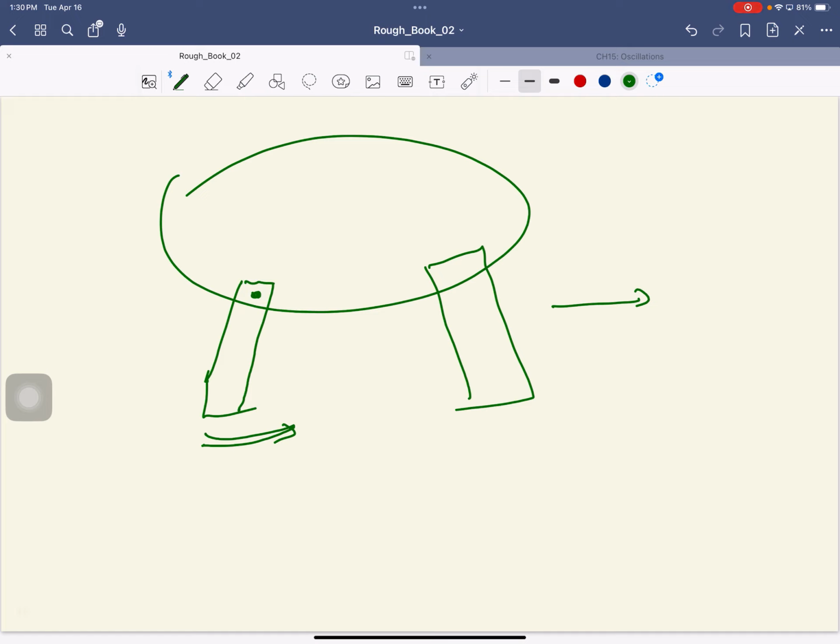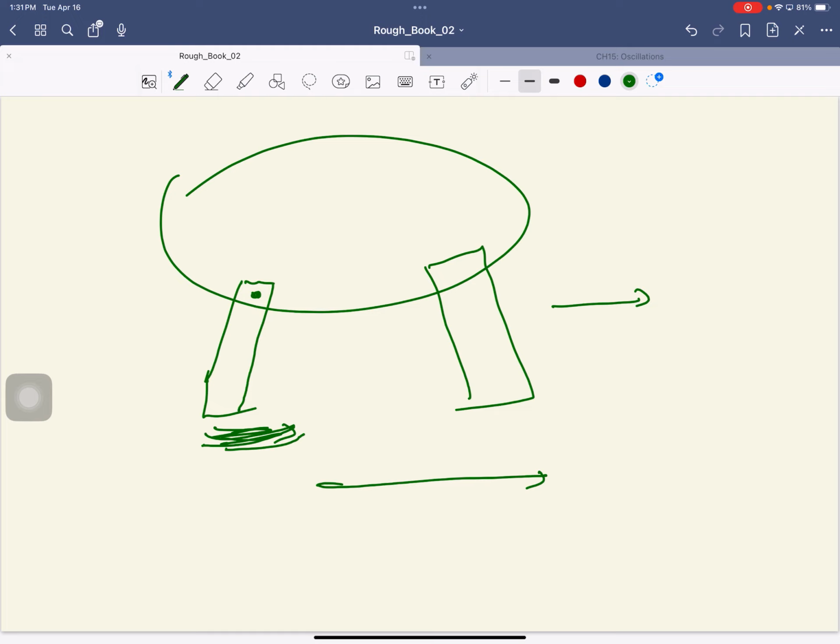This could be an elephant. To get one step, it takes half the period. So the normal walking speed of this animal can be calculated by calculating the period of this pendulum. Did you guys understand that? Yeah. So you can calculate the normal walking speed of a giraffe, an elephant, a rhinoceros, whatever.